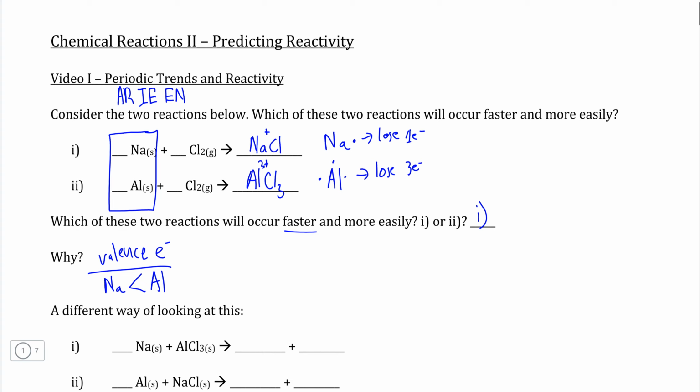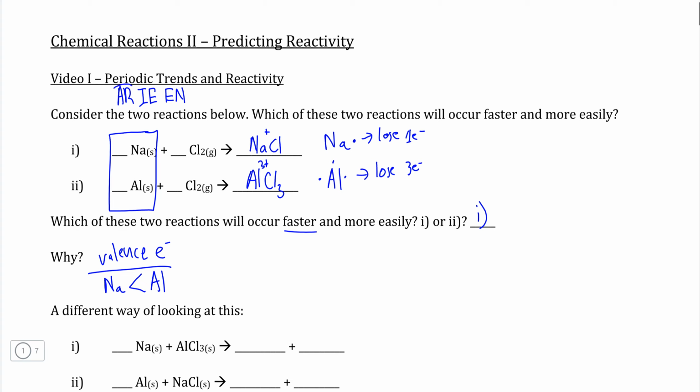Now, losing one valence electron is naturally easier to do than losing 3, because it only needs to lose one of them, whereas aluminum needs to lose each of them individually 3 times until it has lost all of them. So right there, that should tell us that sodium is going to react with chlorine more easily than aluminum is, because it only needs to lose the one electron that it has.